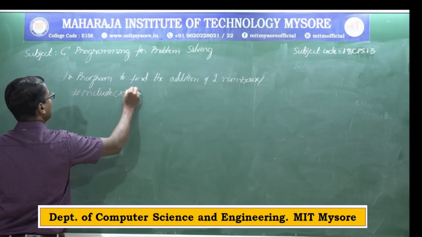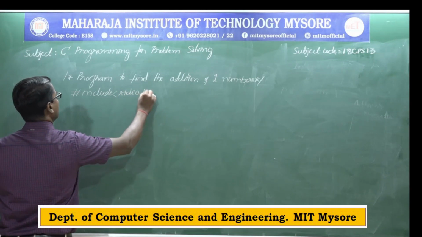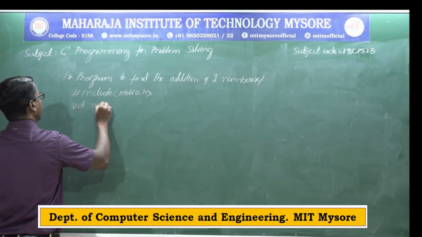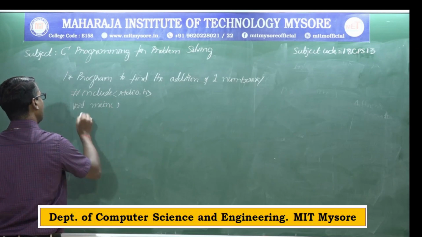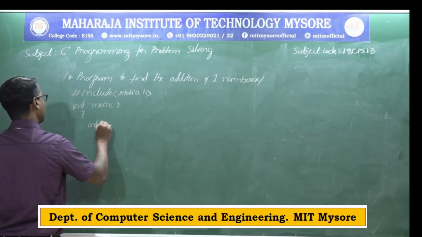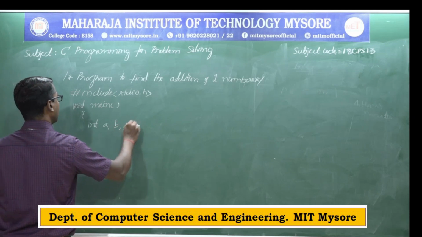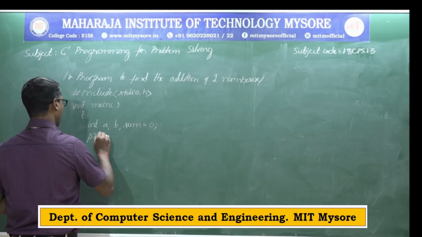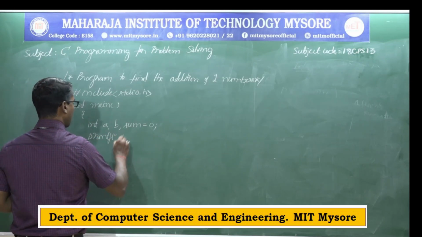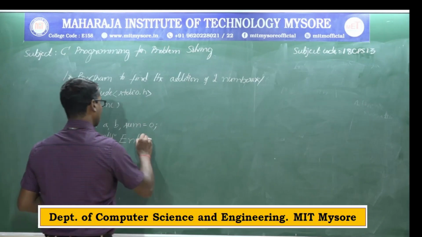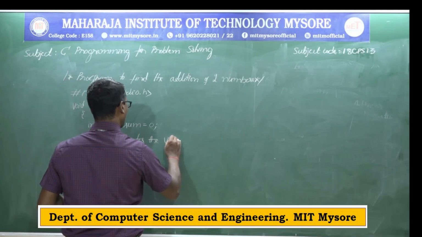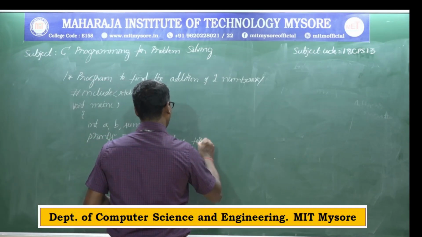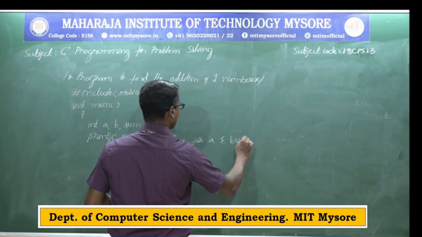Hash include stdio dot h. Void main. a, b, sum is equal to 0. Printf enter the value for a and b.